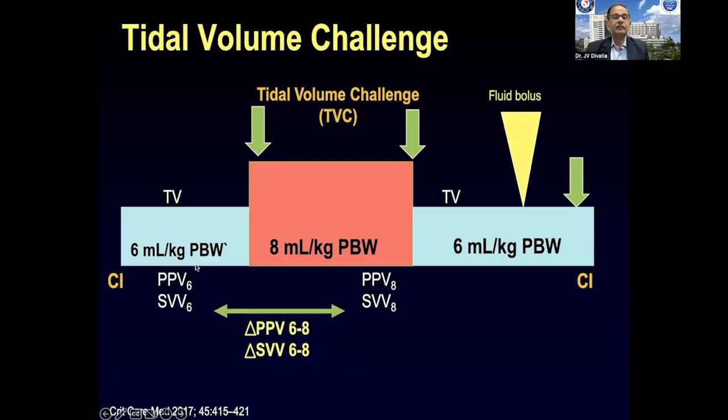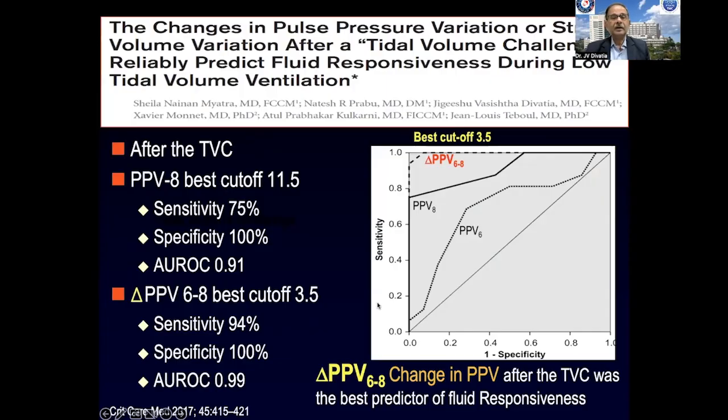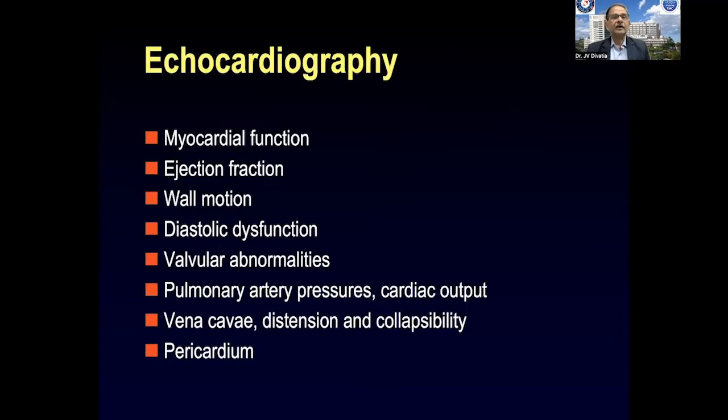And we have shown that if the change in pulse pressure variation is 3.5 or higher, then it suggests that this patient is fluid responsive even when receiving low tidal volume ventilation.